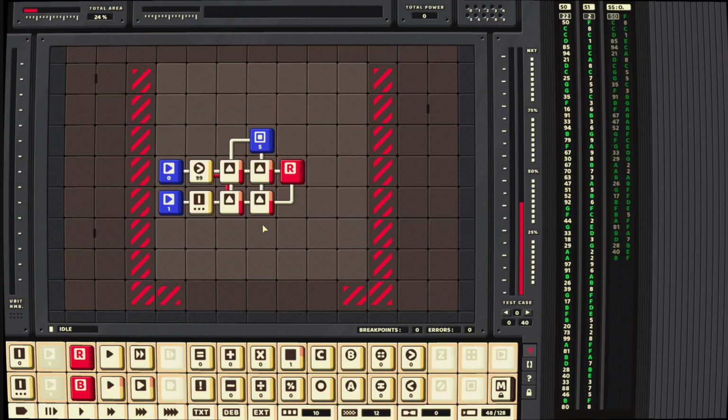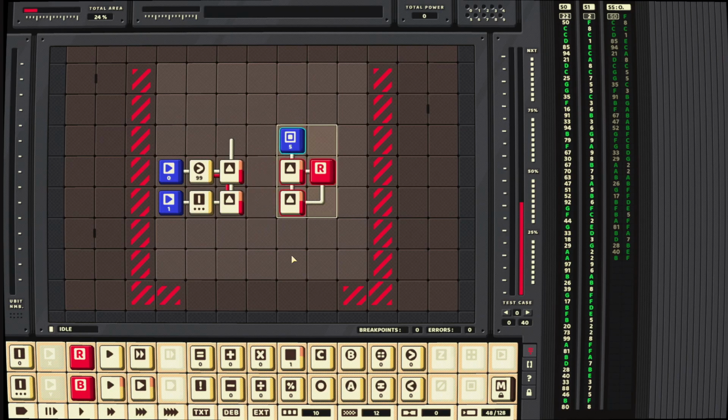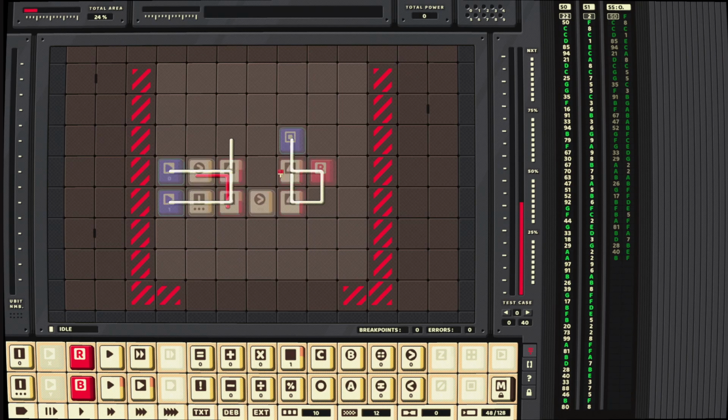So if this connected to here, we scoot that over a bit. And then this connects to these.